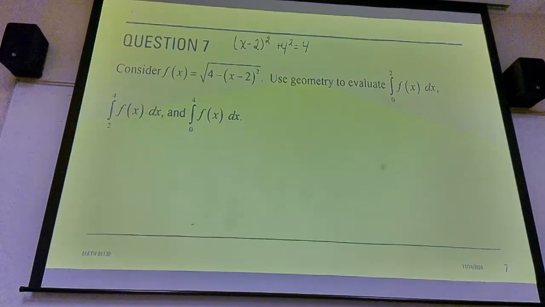What's the radius? Where's it centered? Yeah, but you cheated. You looked at a graph. That is the upper semicircle of the circle of radius 2 centered at (2, 0).